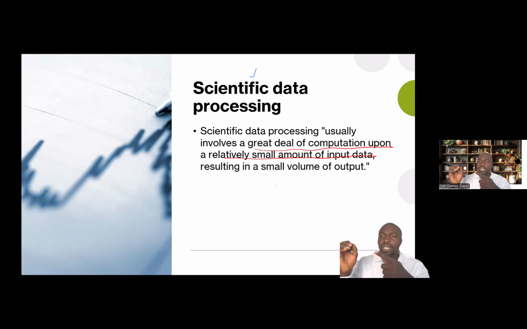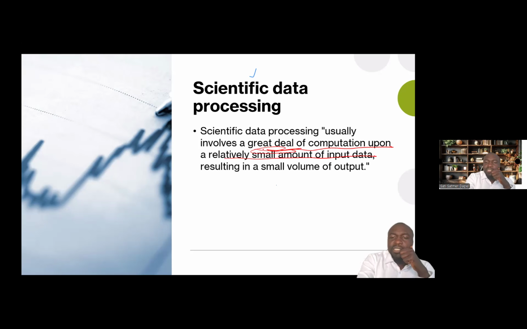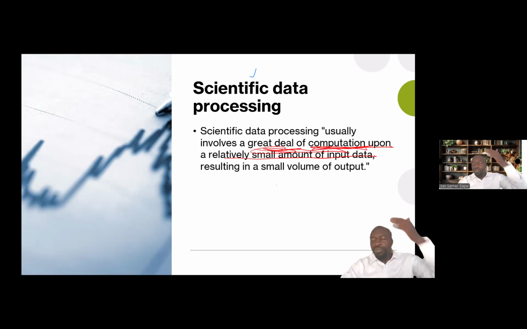No, they will just take a pin and touch your finger or your arm and fetch out a small amount of blood. And with this small blood, they will be doing a great deal of computation, one test after the other. You understand? So, a great deal of computation on a small amount of input data. All right, that's scientific processing.